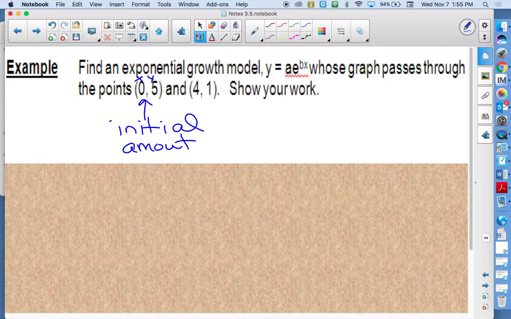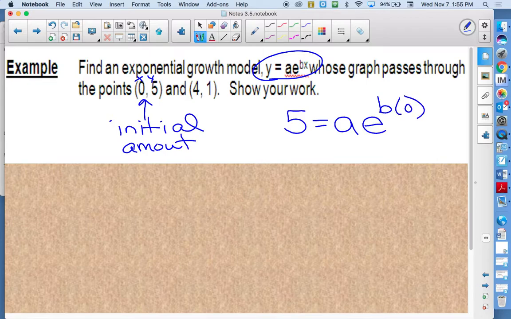So if you plug that into this equation, y is 5, we don't know A, e is a number, we don't know b, but x is 0. Virginia, what happens with this e to the b times 0? That becomes 1. So that's why A is equal to 5.